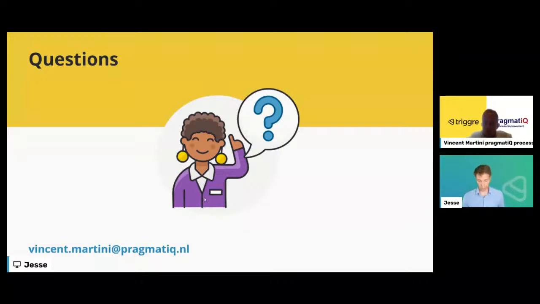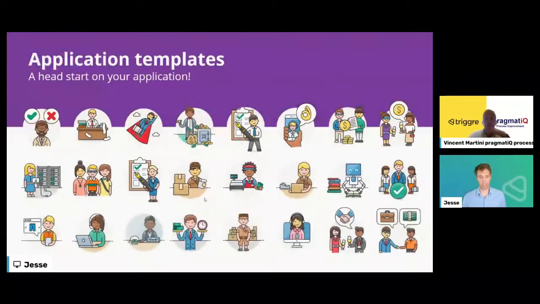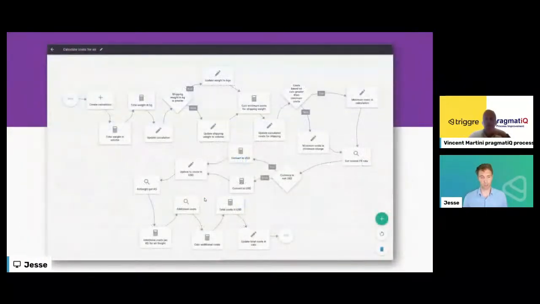So what I've showed you today is just a little bit of a tip of the iceberg. I'll go back a little bit to answer some of the questions that some people have. We've only been at it for 45 minutes or so, so how complex can you make it? Well, you can go very complex. This is an air freight calculation process.